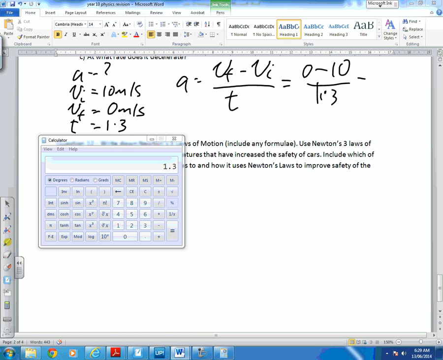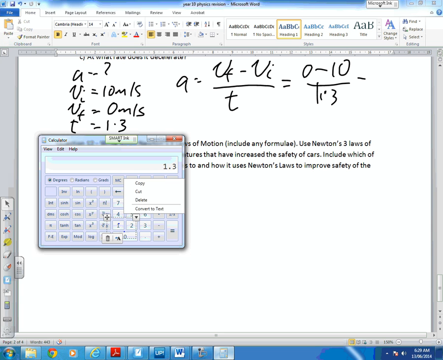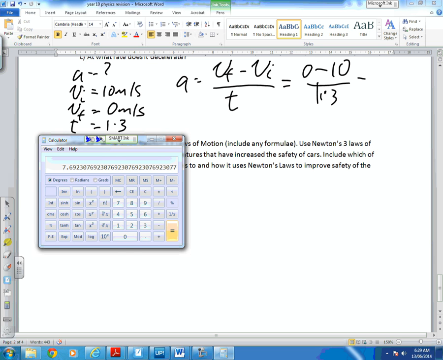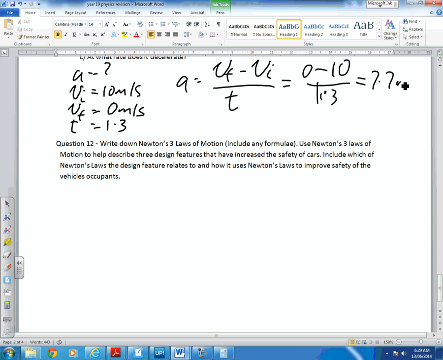That gives me, calculator, 10 divided by 1.3, so it's going to give me 7.7 meters per second.